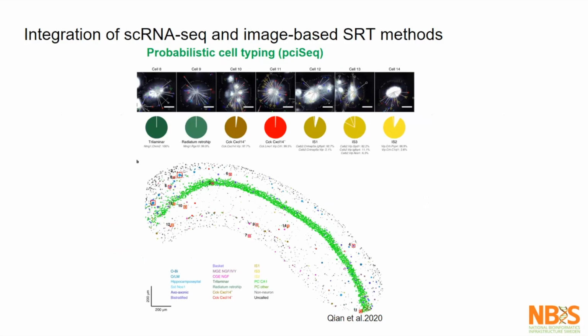And basically this model, based on single-cell RNA sequencing data, will extract the expression signatures for all the different cell types for the genes that we have in our spatial experiment. So basically, I will extract the expression patterns of the different cell types I have in my single-cell RNA-seq experiment, and I will try to assign in a probabilistic manner a cell type to every cell in my in situ data set.